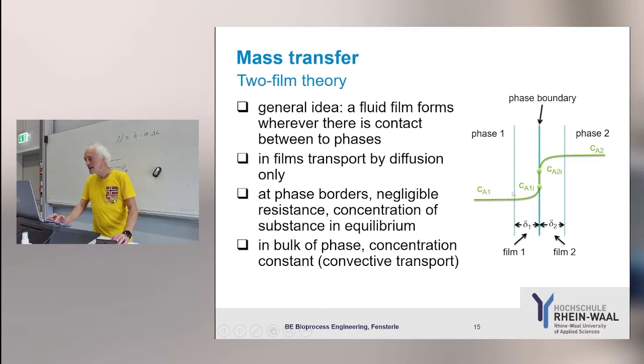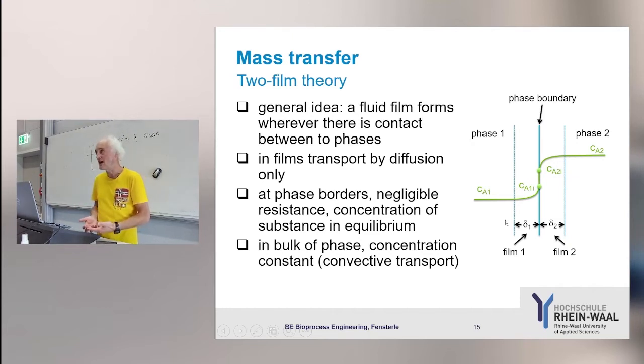But the closer I get to this phase boundary, the more I meet the problem that there will be a film on this phase border, and in this film I cannot mix by convection, so therefore I will have diffusion in this film.